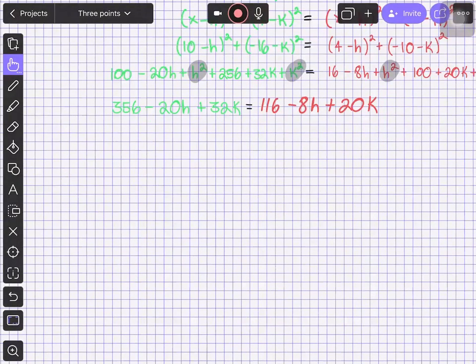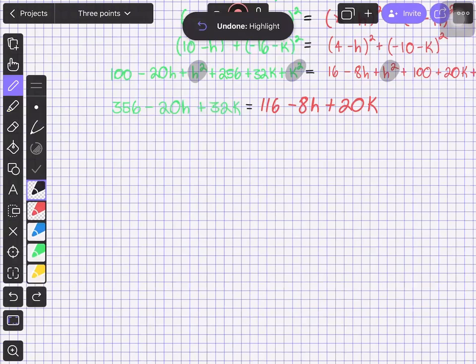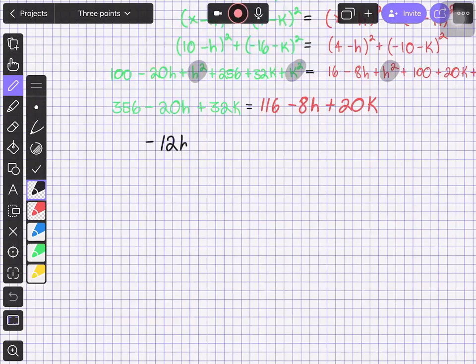And now, same as before, the variables on the left side of the equation and the numbers on the right side. So negative 20h plus 8, sorry, is negative 12h. 32 minus 20 is plus 12k.